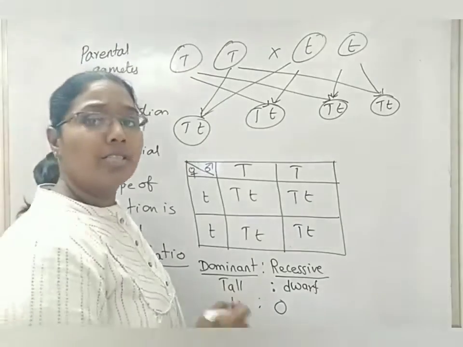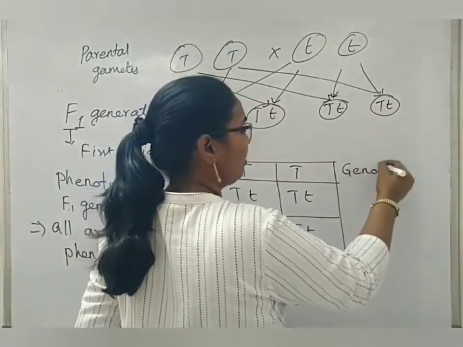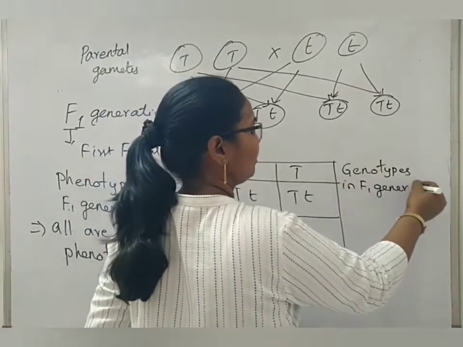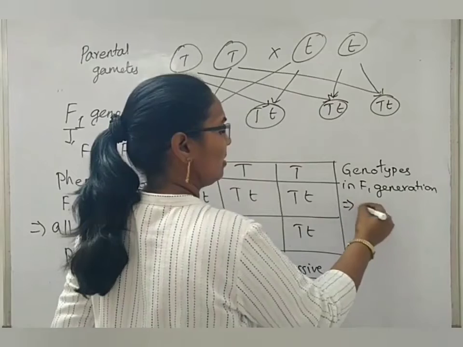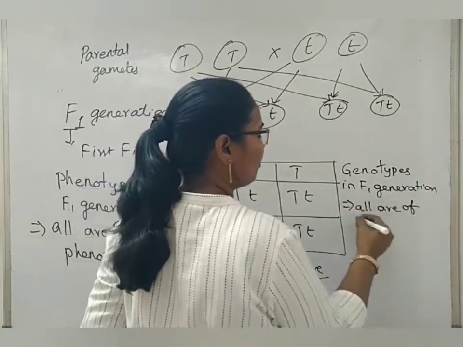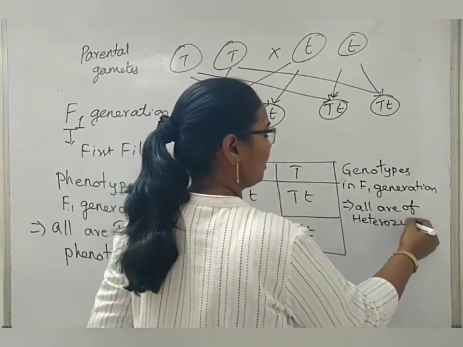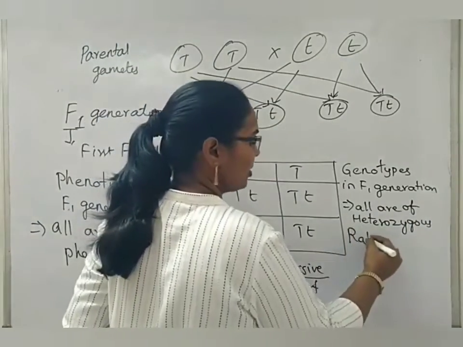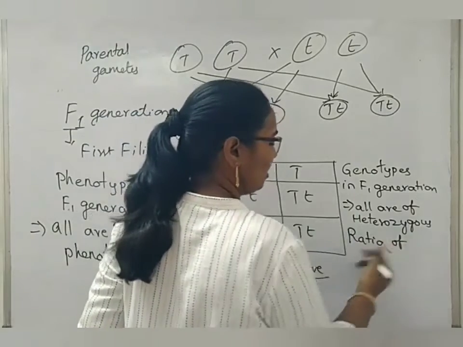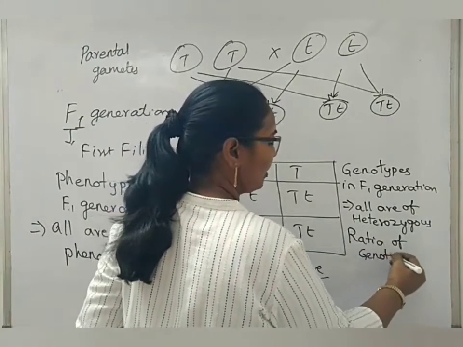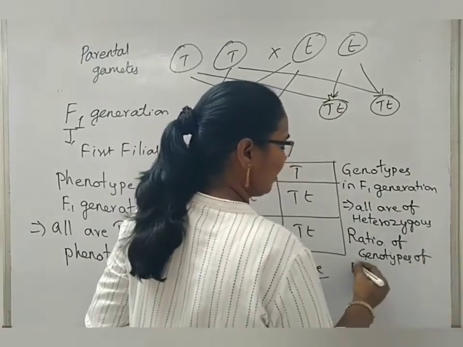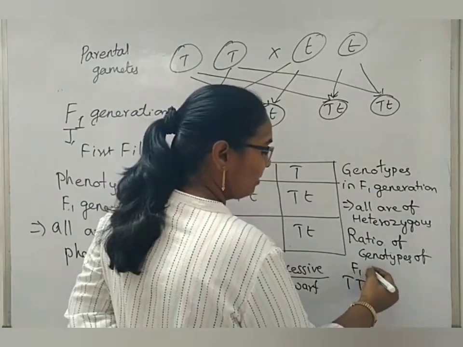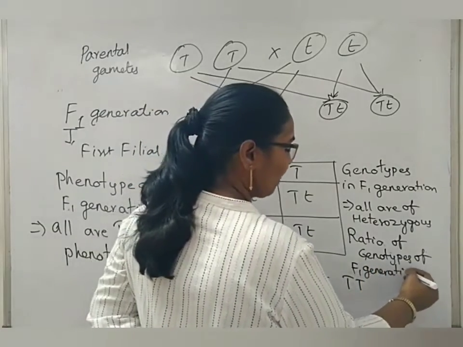Now, coming to the genotypic ratio. Genotypes in F1 generation: if you write like this, all are heterozygous. Now, if you write the ratio of genotypes of F1, we have to represent like this.